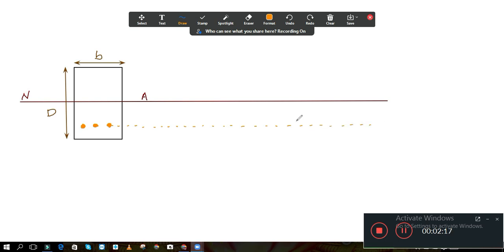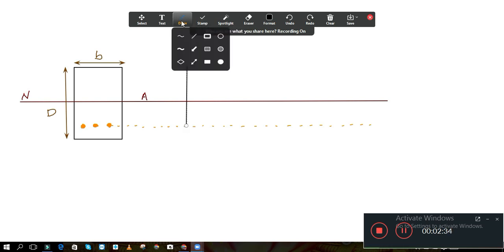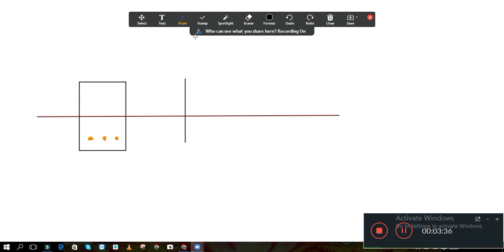Now first of all we will draw the strain diagram. This will be our strain diagram. The compressive strain is at the top and the tensile strain is at the bottom.